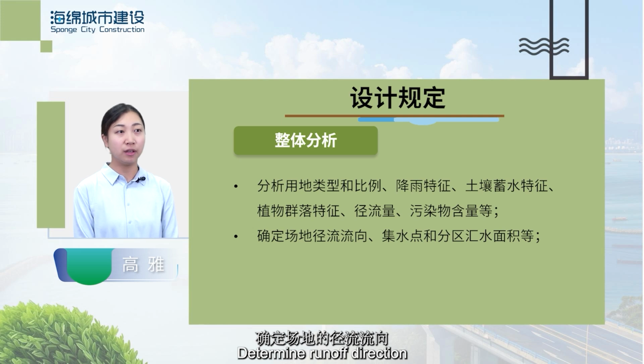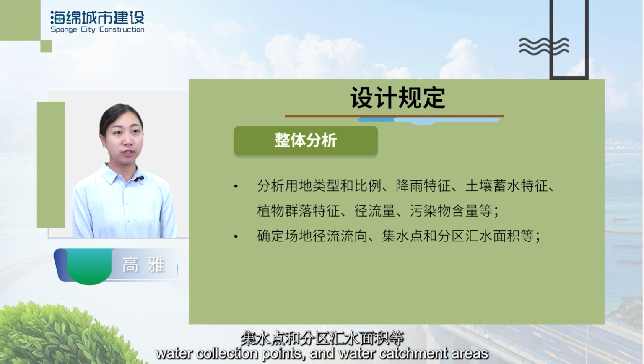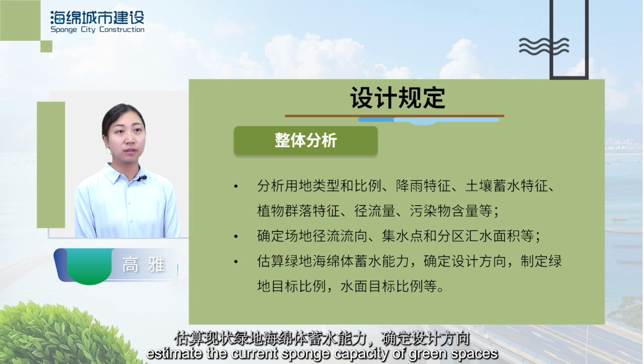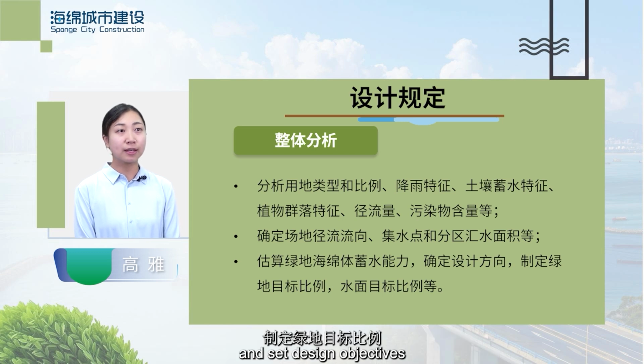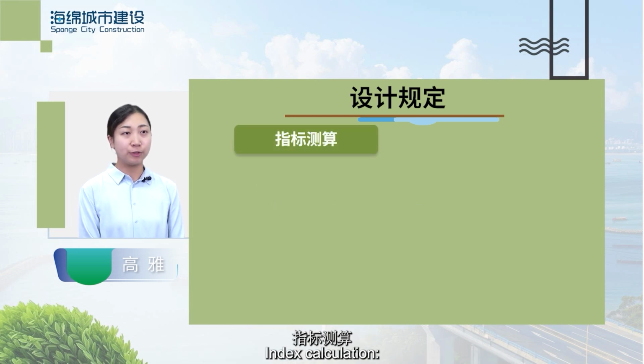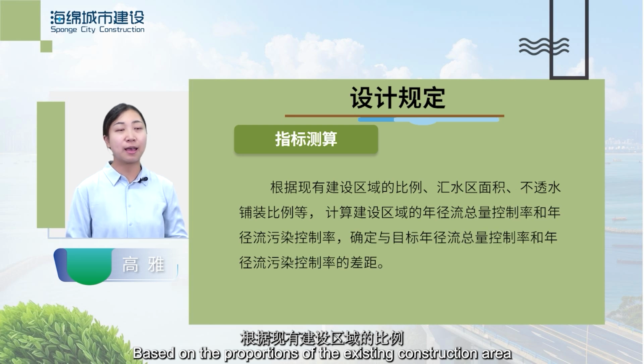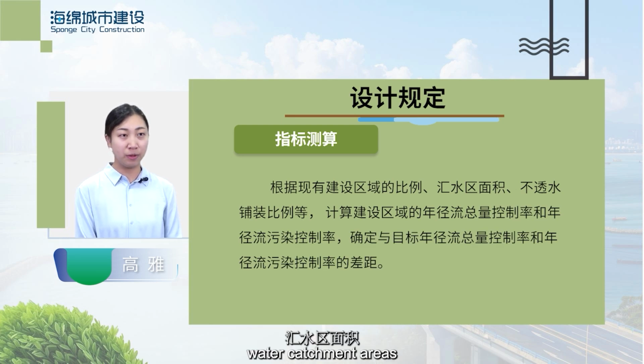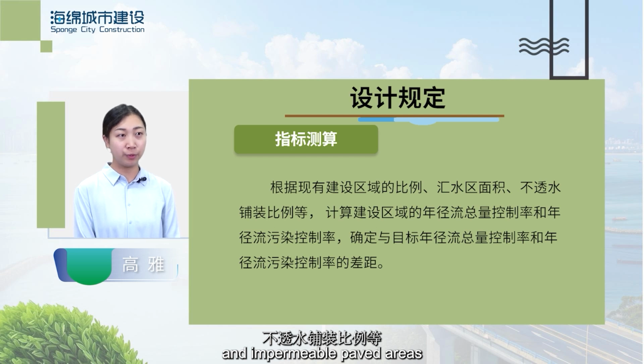Determine runoff direction, water collection points, and water catchment areas. Estimate the current sponge capacity of green spaces, and set design objectives, including target proportions of green space and water bodies. Index calculation, based on the proportions of the existing construction area, water catchment areas, and impermeable paved areas.